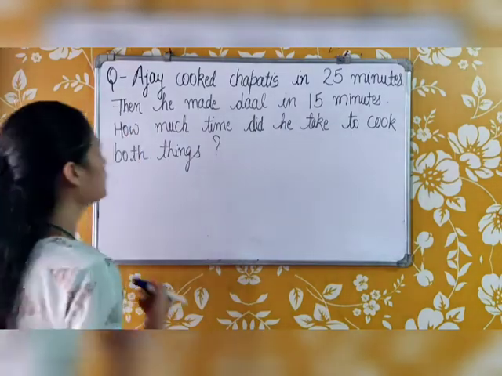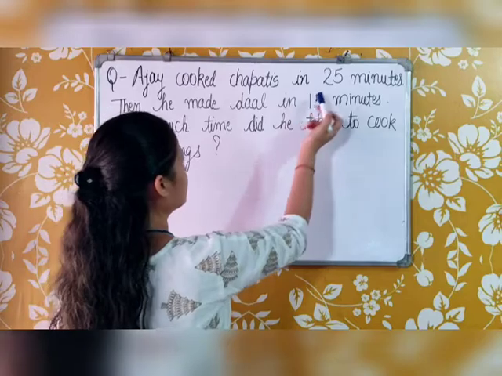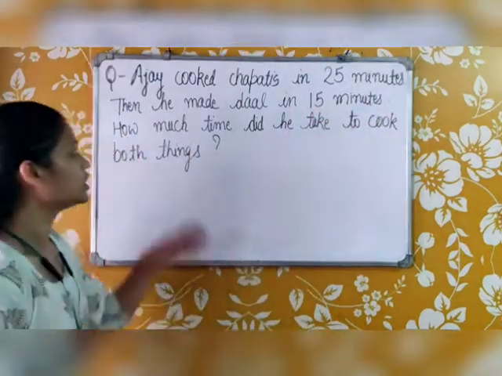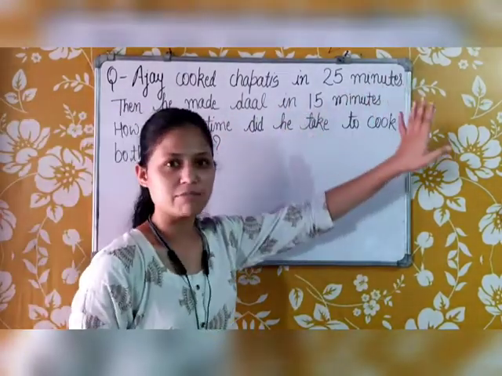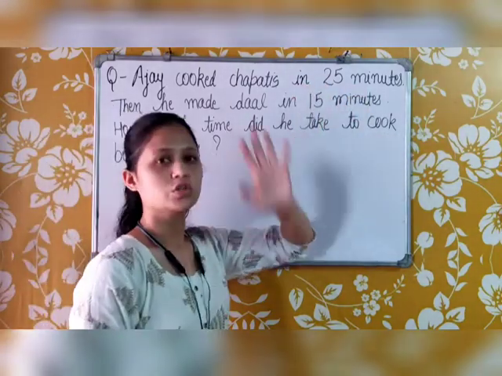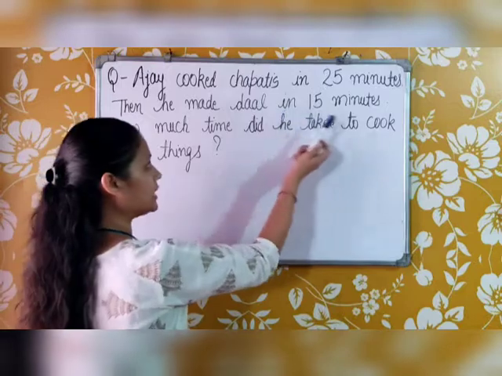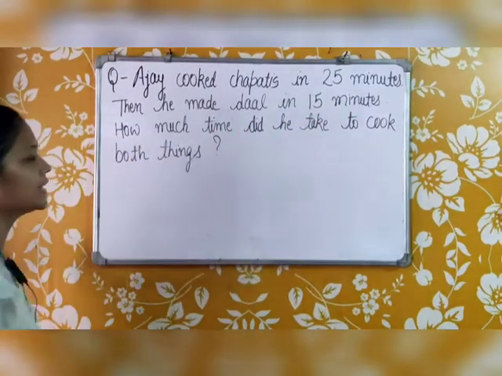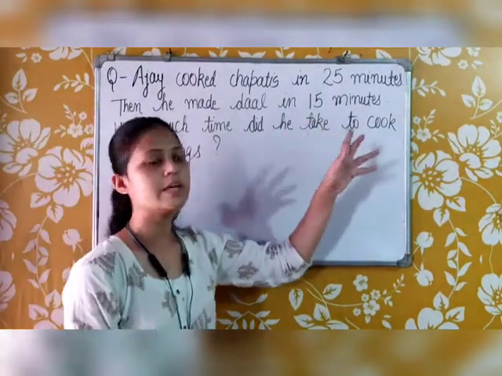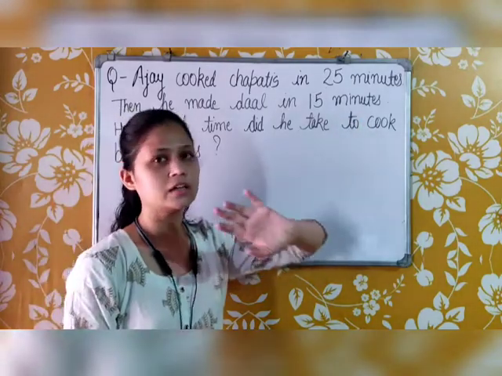Now the question is, Ajay cooked chapatis in 25 minutes. He took 25 minutes to cook the chapatis. Then he made dal in 15 minutes. It means it took 15 minutes to make dal.